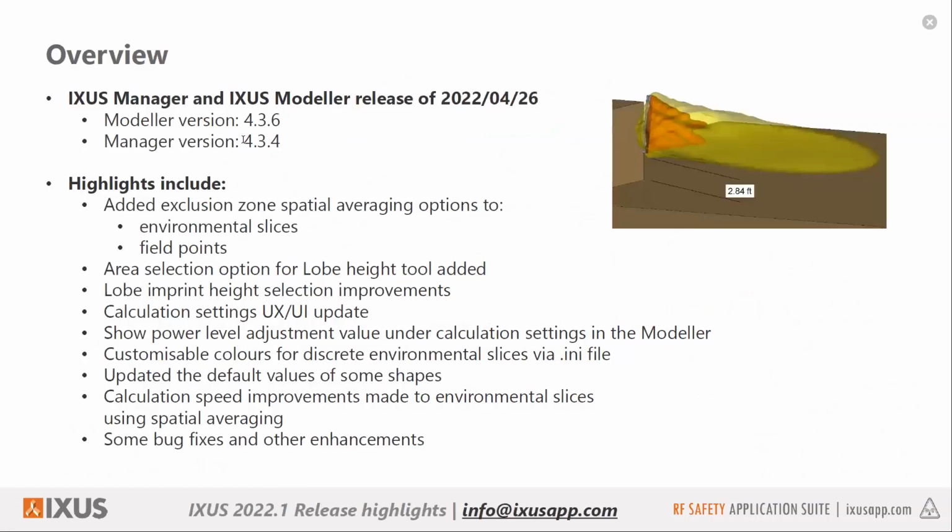Okay, so firstly, those of you subscribed to our user base are aware of the release email that we sent, I think last week. This release was provided on the 26th of April, and it's entitled IXUS 2022.1, but the underlying modeler and manager versions are shown over here.